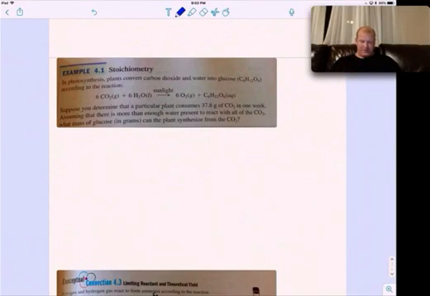You have a particular plant, probably this would be algae, that consumes 37.8 grams of carbon dioxide in 1 week. Assuming there is enough water present to react with all the CO2, how much glucose in grams can the plant synthesize from the carbon dioxide? Okay, so how do we do this problem? Do dimensional analysis.